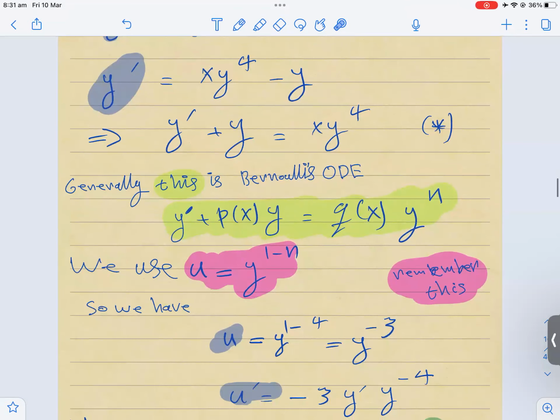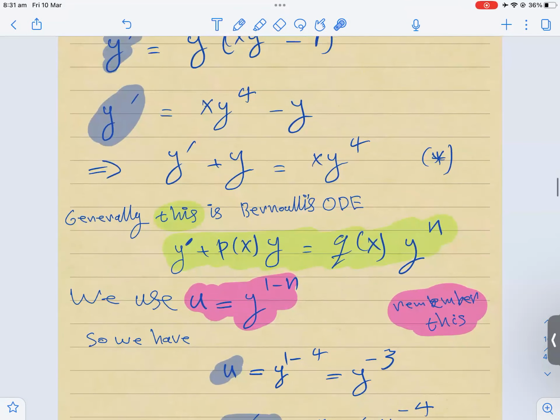Generally speaking, Bernoulli's ODE is like y prime plus p(x) y equals q(x) y to the n. If this y to the n wasn't here, this ODE would be a first order linear equation. So what do we do for these things?